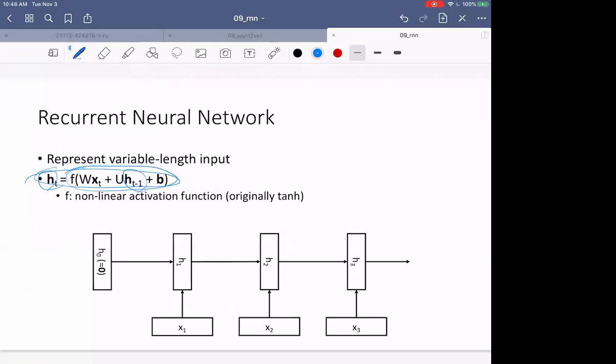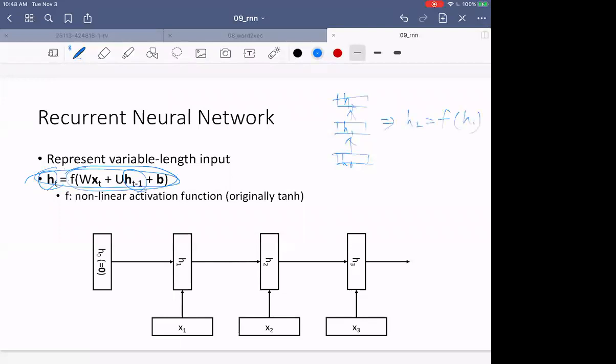If you think about 점화식, which you all learned in high school, your current state is determined by your previous state, right? But not only that. If you think about a standard feed-forward neural network, this is your H0, this is your H1, H2. In this case also, H2 is determined by H1, right?